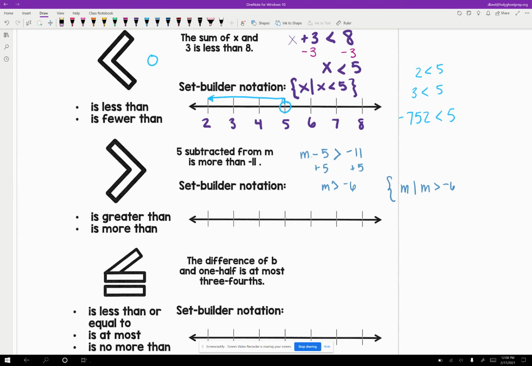Whoops, I need a curly bracket, there we go. And then again, your number line, you fill it in. Higher numbers to the right, lower numbers to the left. Again, we're going to do an open circle, and it's going to be at negative 6. I'm looking for all the values that are greater than negative 6, which means it's all the numbers to the right. So I'm going to do my line and arrow to the right.